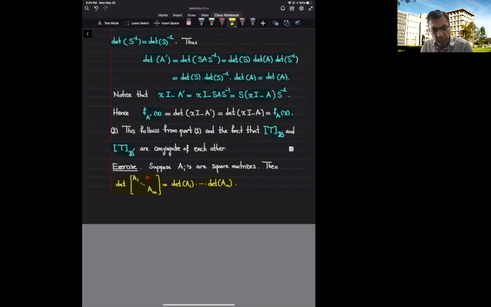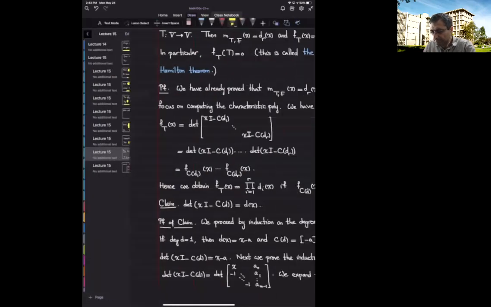That's the outline of the proof of this exercise, so I leave it for you to complete the details.